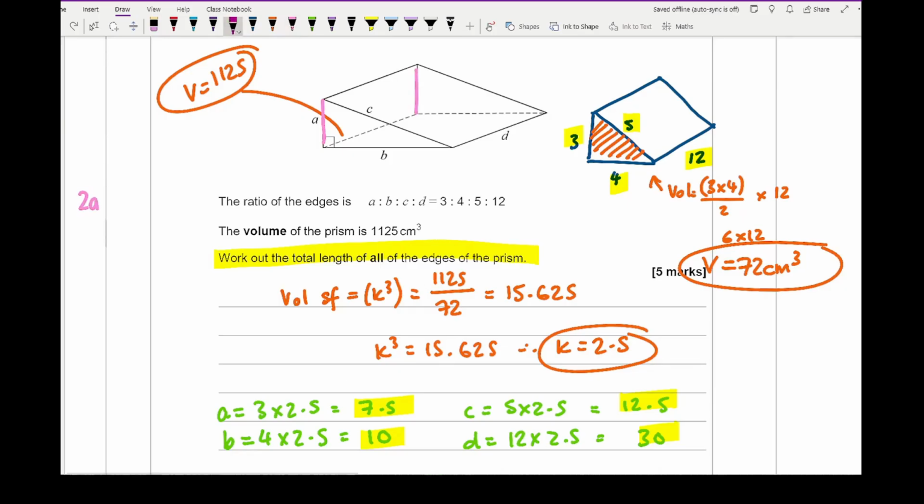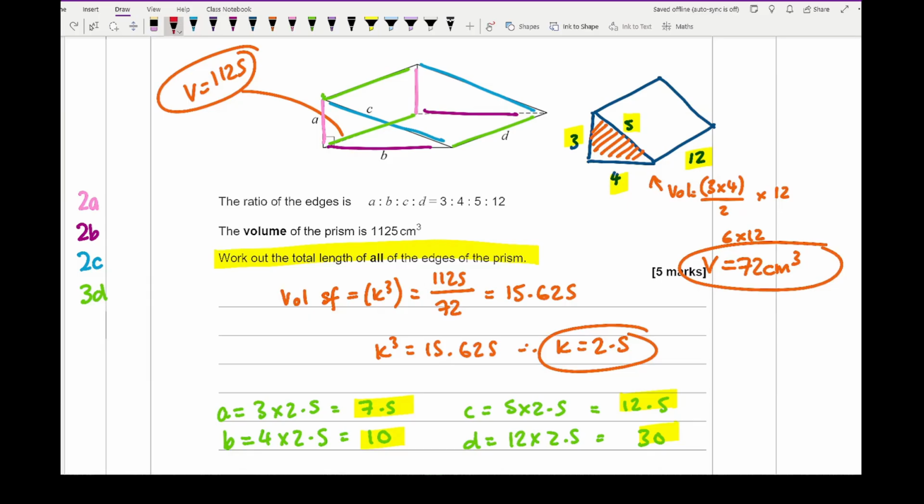I've got B's, 1, 2 of those. In terms of C, I've got 1, 2 of those. In terms of D, I've got 1, 2 and 3 of those. Just double-checking that I've not missed out any of those edges. No, I think I've got them all.